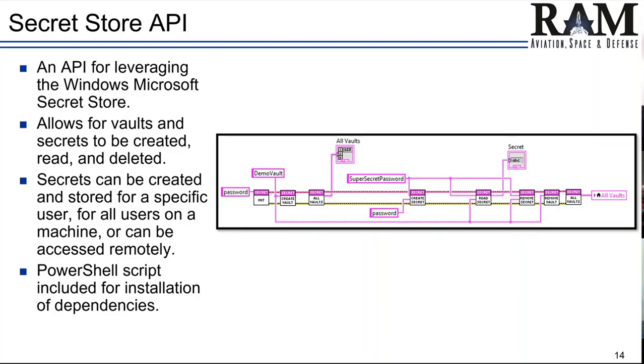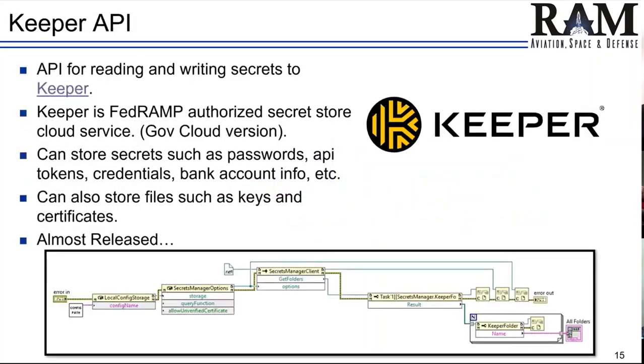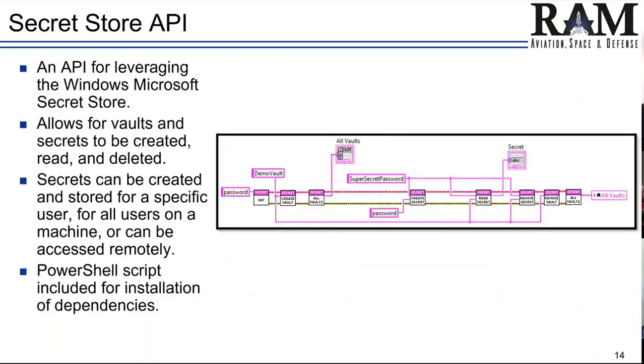Then another question: do you have plans to integrate with Vault or OpenBao, AWS KMS? I haven't yet. I do have integration with Keeper, which is a FedRAMP authorized cloud service as long as you use the GovCloud version. Microsoft Secret Store would be more of an internal-to-your-facility type secret store, or even specific to a test stand.